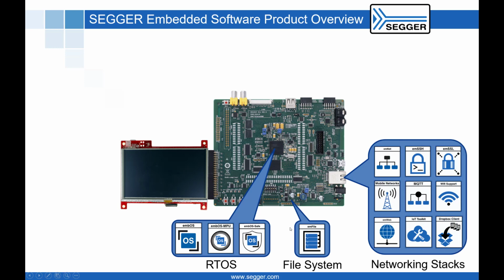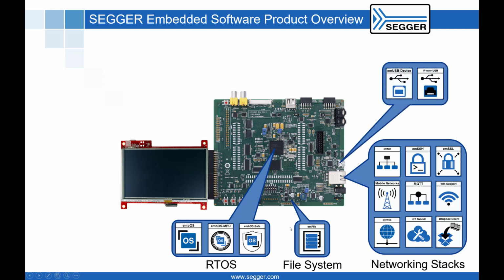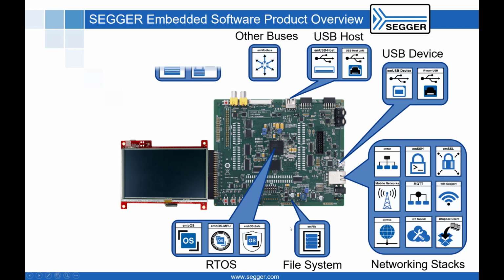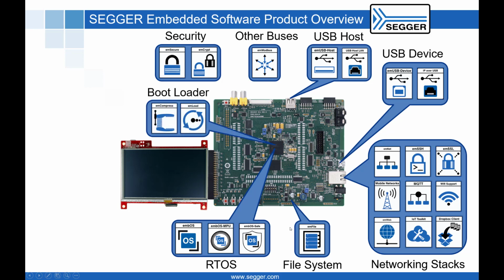We have all kinds of stacks and libraries that you would need for networking, especially important for IoT devices these days. We offer USB device and USB host stacks. We offer other bus systems as well, like Modbus. Security is obviously a big topic these days, so we have a digital signature suite, and we have a cryptography library, and we offer a bootloader, which is emLoad, and we have some embedded compression technology, which is emCompress.